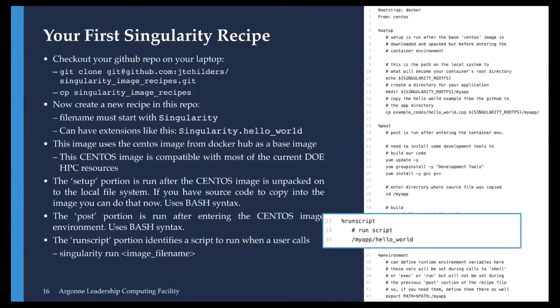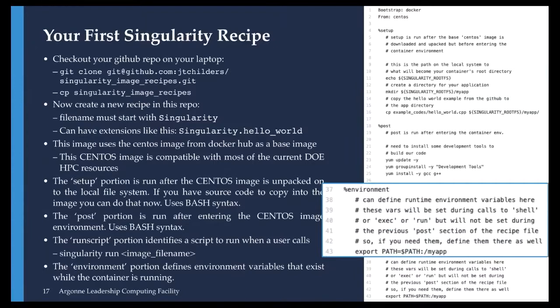I listed it here on the bottom of the bullets on the left: singularity run, and then you would type in the image file name. And when you execute a container this way, it runs whatever is specified by this runscript in your recipe file.